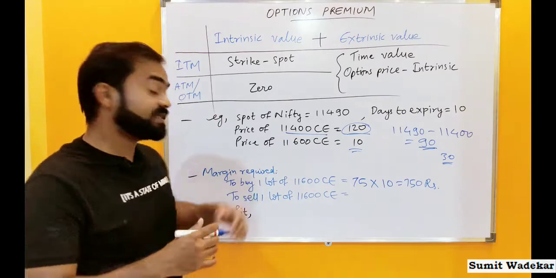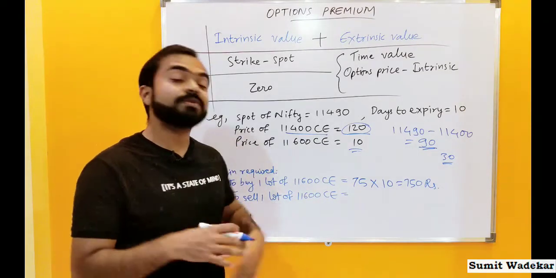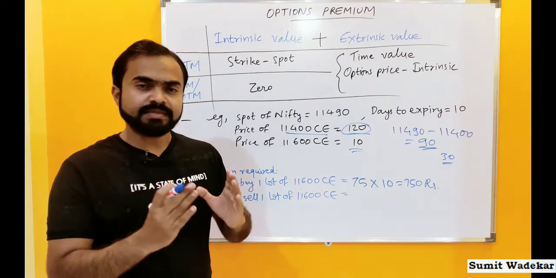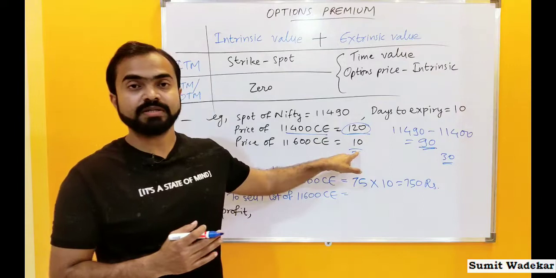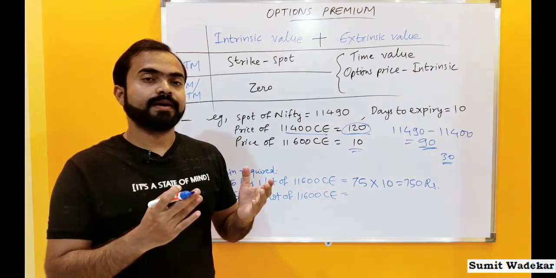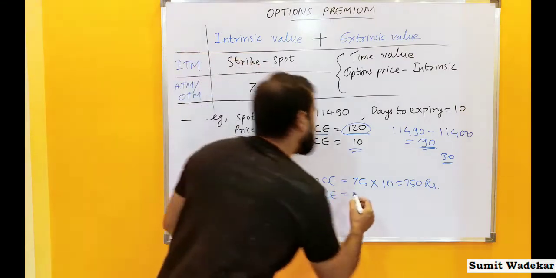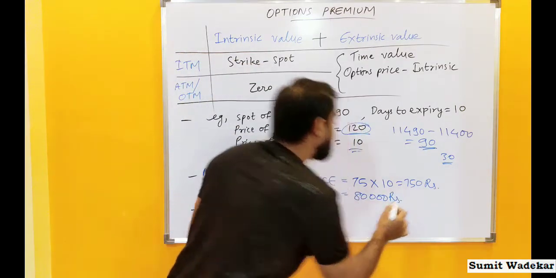Next, to sell the same lot of 11,600 call, how much margin do I require? This margin is fixed. It does not depend on the price of the option. This comes to around 80,000 rupees.